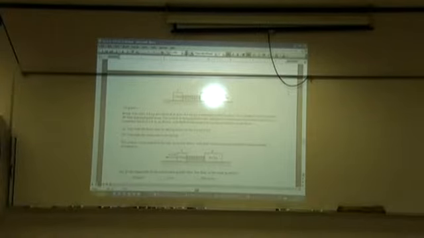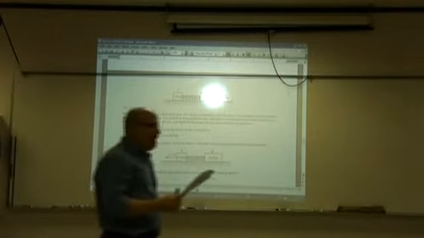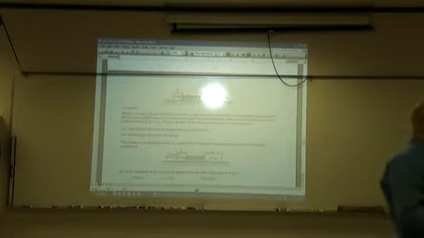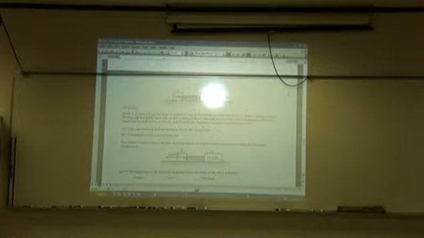Okay, a block A of mass 2 kilograms and a block B of 8 kilograms are connected as shown with a spring of spring constant 80 newtons per meter and negligible mass. You don't have to worry about the mass of the spring.